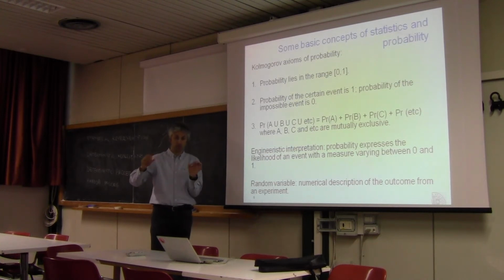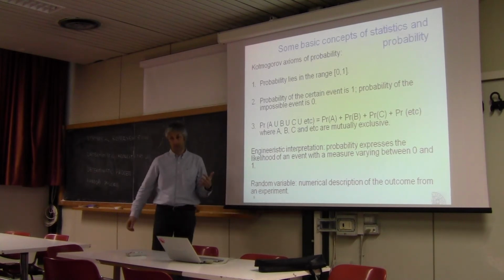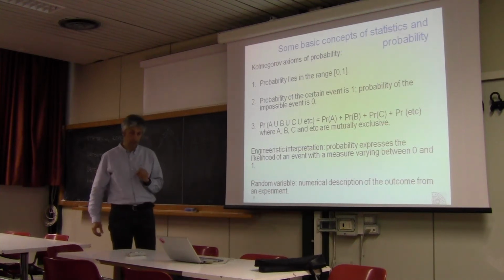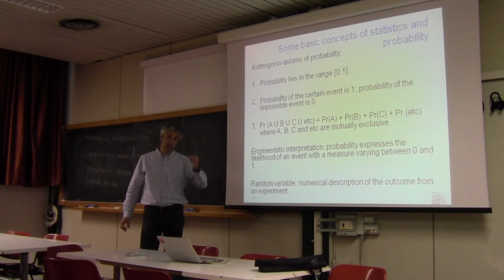This number that is associated to an event is called the random variable. So we usually speak about random variables. What is the random variable? It's an association between a random event and a number. And this number is the outcome of the event and can be real or integer.